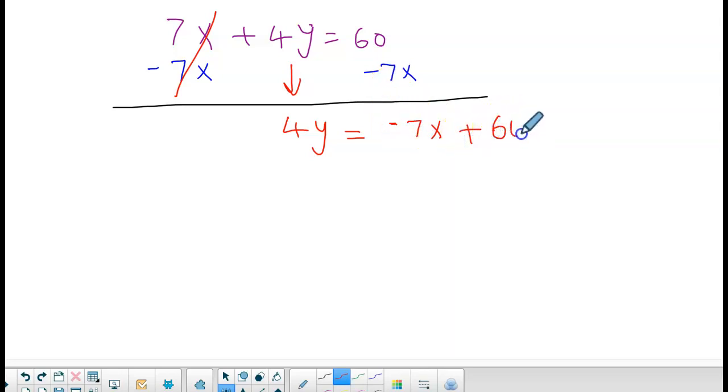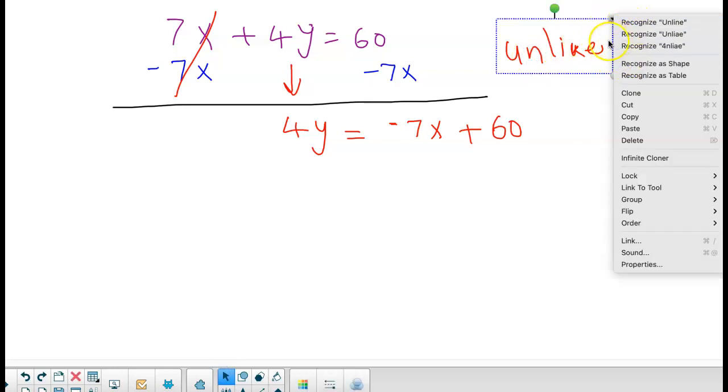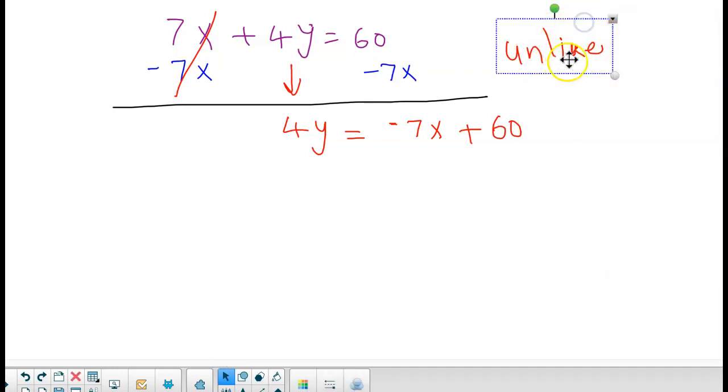Please don't combine these two terms. I have seen students writing 67 or 53, whatever. No, you cannot do that. They belong to different categories, right? These are the variables and that's a constant. They are unlike terms, that is, they cannot be combined together.